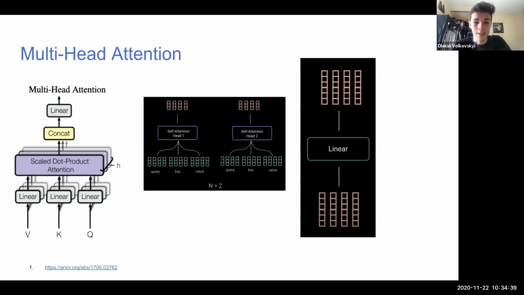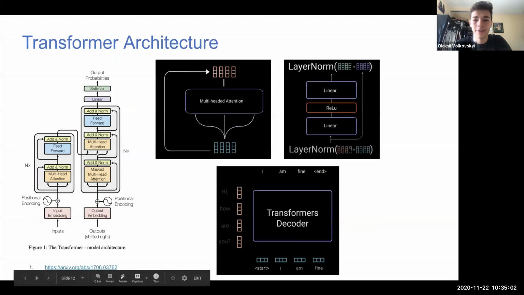Here, let's just say h equals 2, you have two self-attention heads, and all of them compute the self-attention output, and then you can stack them together and feed them into a linear layer.